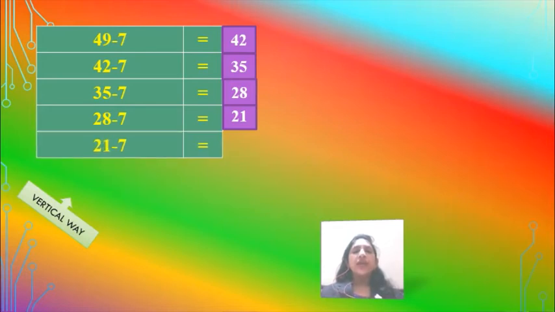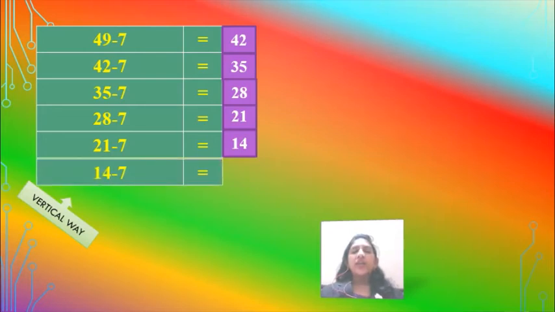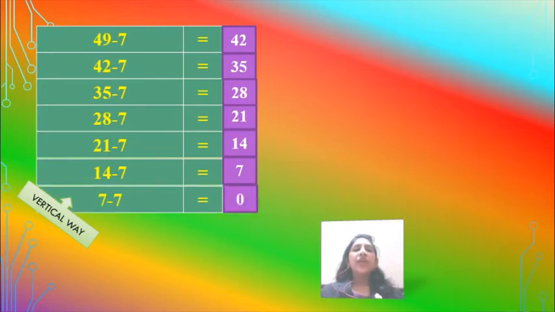From that, if I distribute another set of 7 stickers, then I will be left with 14. And if I distribute 7 more to another student of mine, then I will be left with 7. And this 7 also can be distributed to get my remainder as 0.